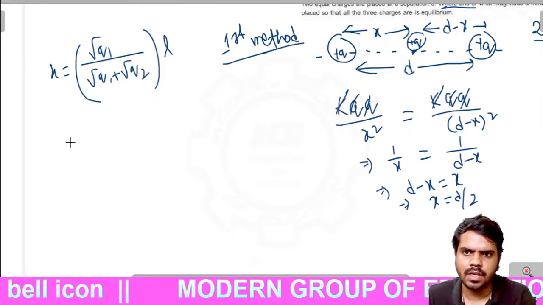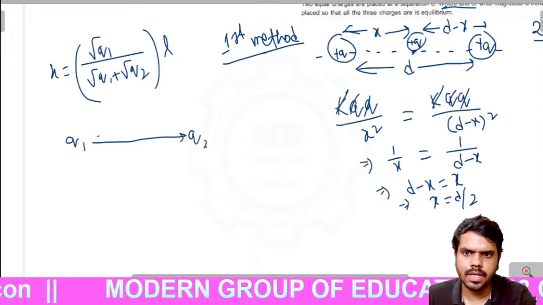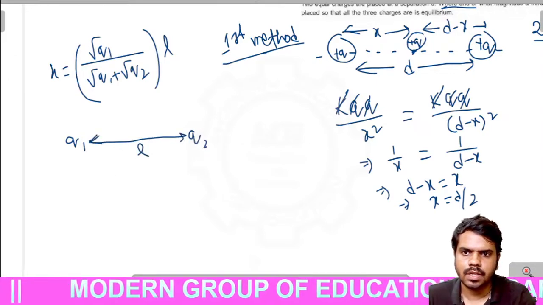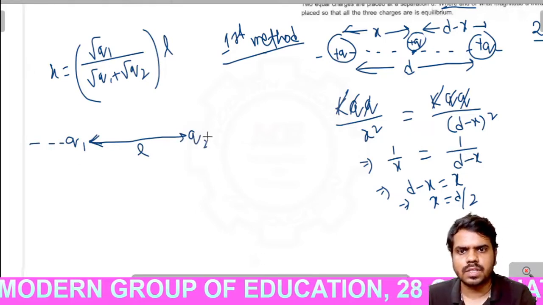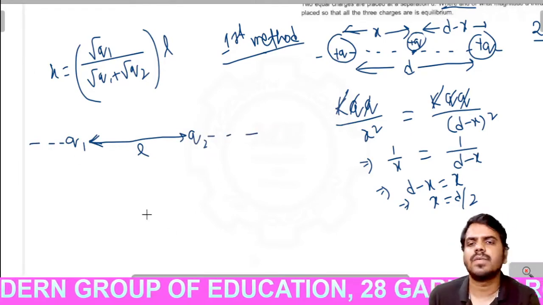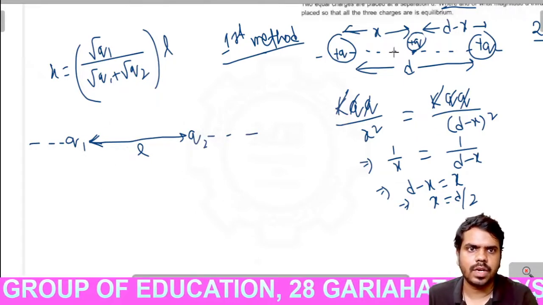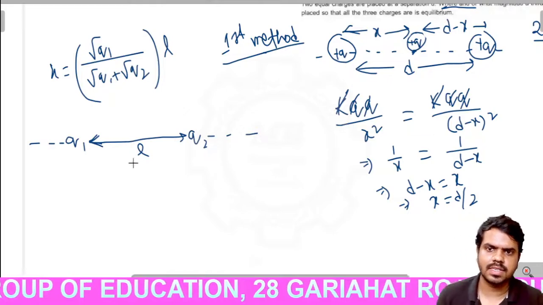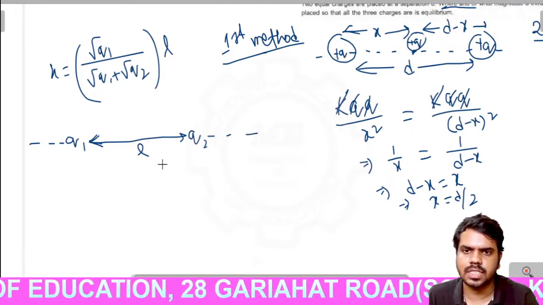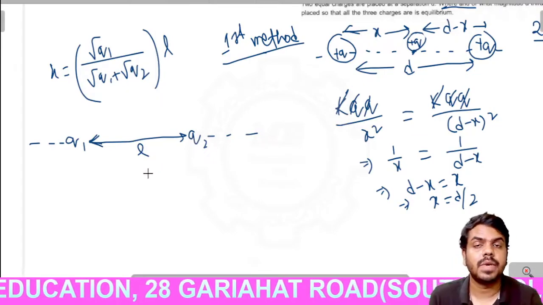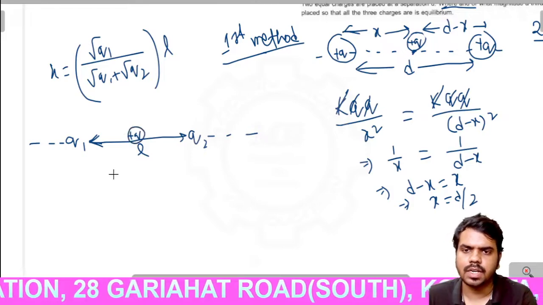I am assuming that this is the q1 charge and this is the q2 charge, and they are separated by distance L. I don't know the sign of the charges, so I am assuming that all the charges are positive. You already know that if the charges are of the same sign, then the equilibrium position will be in between the charges, not in the middle. So I am placing the third charge here.